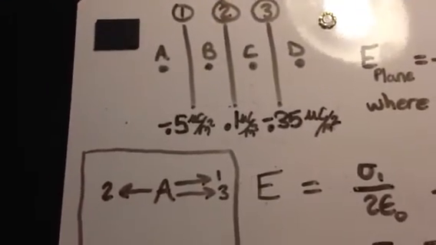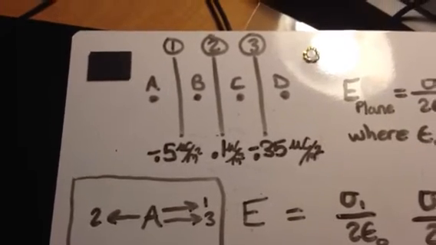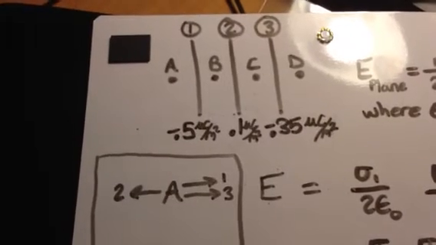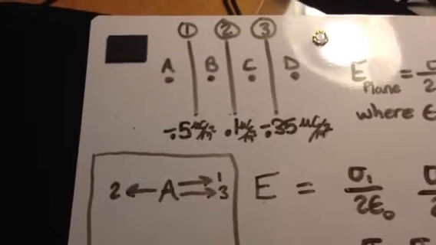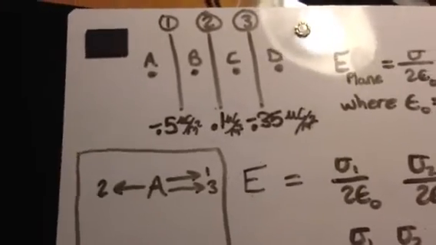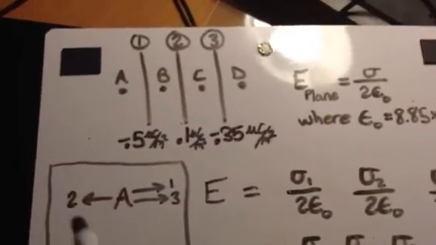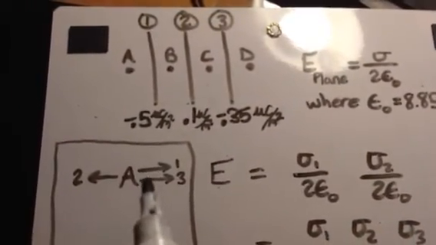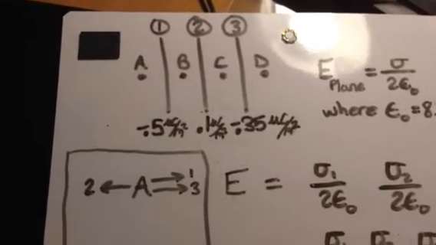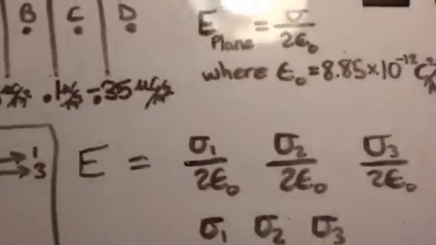Let's take point A. Point A is being pulled to the right by planes 1 and 3 because they are negatively charged and attract point A. A is being repelled by plane 2 because of its positive charge. For this reason, we take our equation and make planes 1 and 3 positive, making the right the positive direction, and plane 2 negative because of the negative direction.